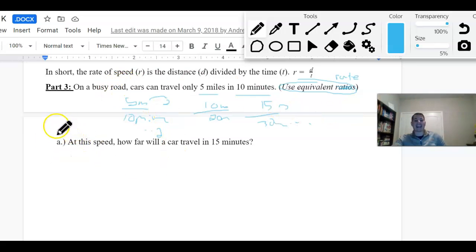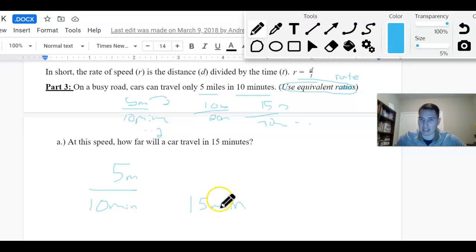Okay, let's look at A now though. At this speed, how far will the car travel in 15 minutes? So we need to start with the rate that's given. 5 miles in 10 minutes. Okay, we need to get to 15 minutes.